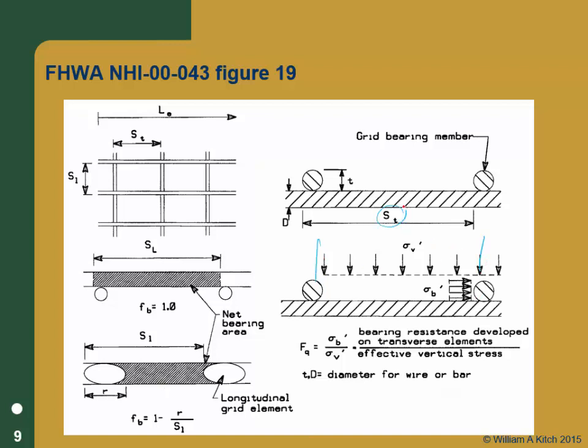So if this transverse spacing is relatively large, then each one of these is going to act independently and generate whatever the maximum bearing capacity that one of these could generate. But obviously, if I start putting them really close together, they're going to interfere with each other, and they're not going to individually each generate the maximum bearing capacity that they could, because they're actually going to shadow one another, and you're not going to get the same horizontal bearing capacity.